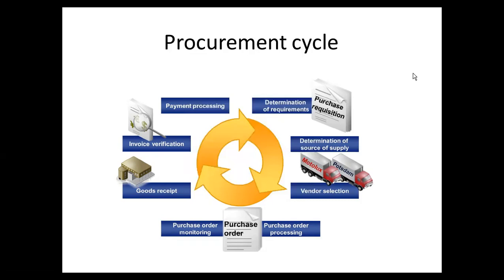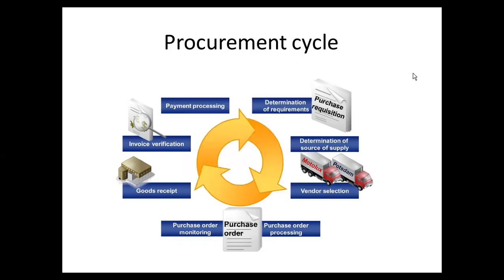And once the vendor supplies the material, then we do the goods receipt of those materials. Once the goods are received, we receive the invoice from the vendor and we do the verification whether the purchase order quantity and the delivered quantity match or not, or is there any variance, and whether the delivered quantity is the same as what he has invoiced for.